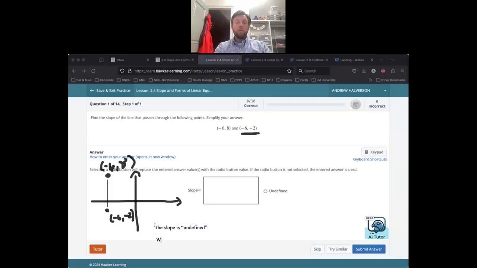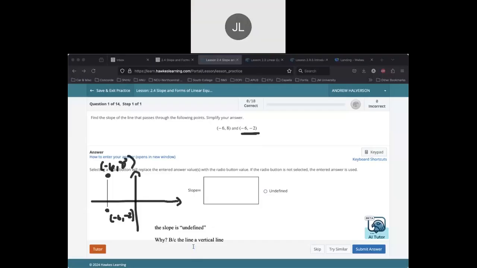Undefined. Why? Because the line is a vertical line. Do y'all see that? And it's vertical because it didn't cross the y-axis. Right.